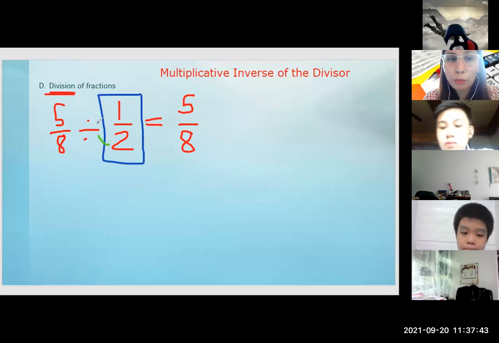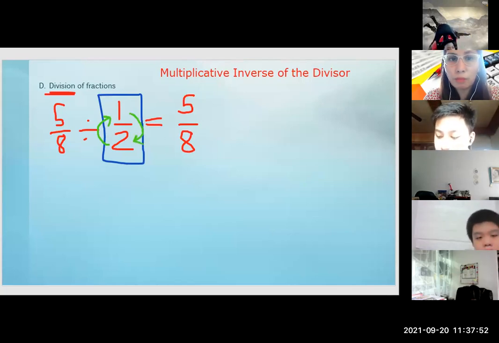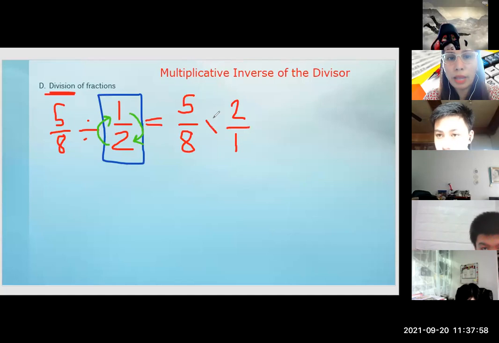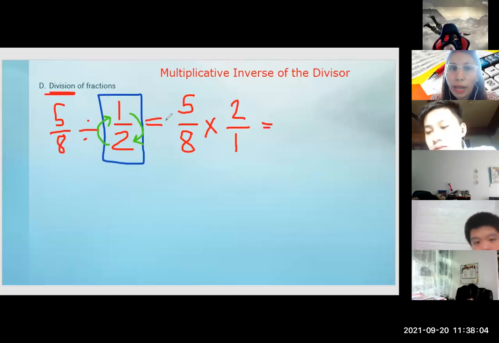the denominator becomes the numerator and the numerator becomes the denominator. So 2/1. And then proceed to multiplication. Okay, again.